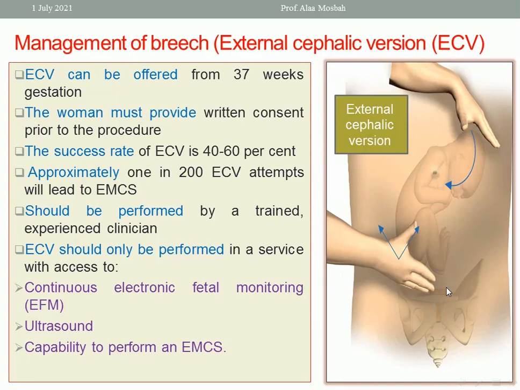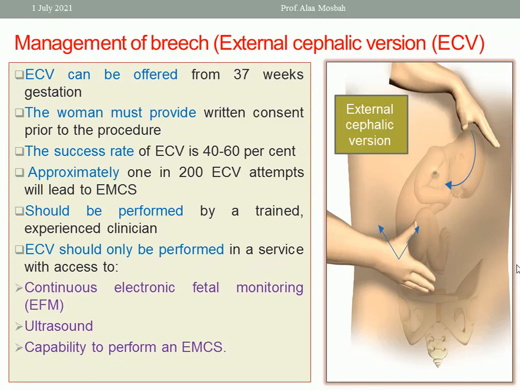The success rate of external cephalic version is 40 to 60%, and it should be offered after 37 weeks gestational age, after maturity of the fetus, until the time of delivery. You can do it during this period, after 37 weeks till labor.